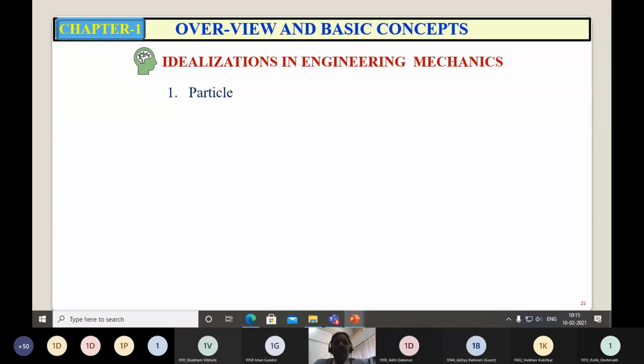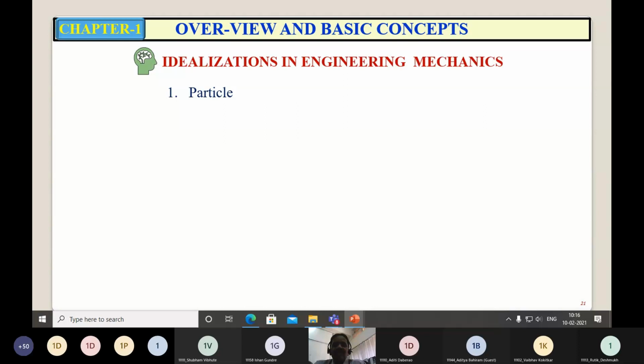One is particle. What is the theoretical definition of particle? So theoretically, a particle is defined as an infinitesimally small part of the body. Am I right? Means there is no particular size or shape for the particle. The concept of particle is very similar to that of a point in geometry.